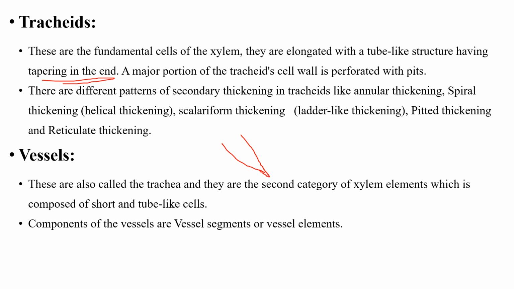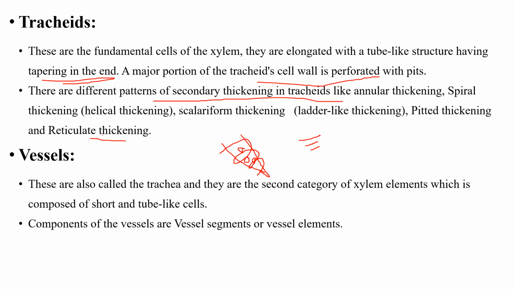A major portion of the tracheid cell wall is perforated with pits. That means their cell wall has pits, holes. There are different patterns of secondary thickening in tracheids, like annular thickening, sometimes spiral thickenings are present, sometimes scalariform or ladder-like thickenings are present in their walls, sometimes pitted thickening and reticulate thickenings are present. So it is all about tracheids.